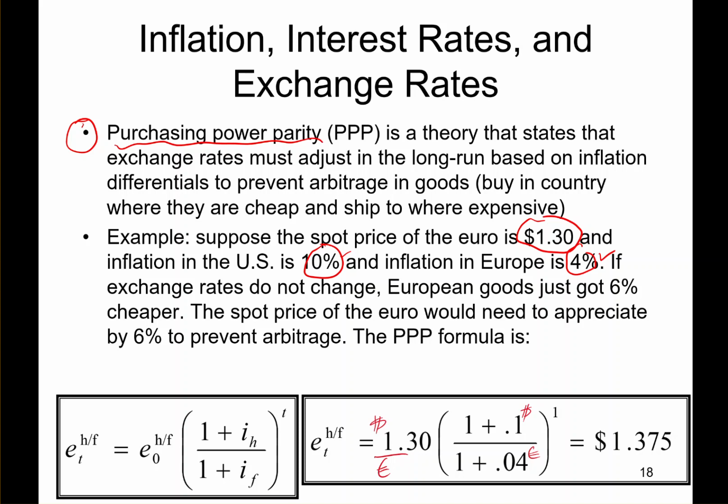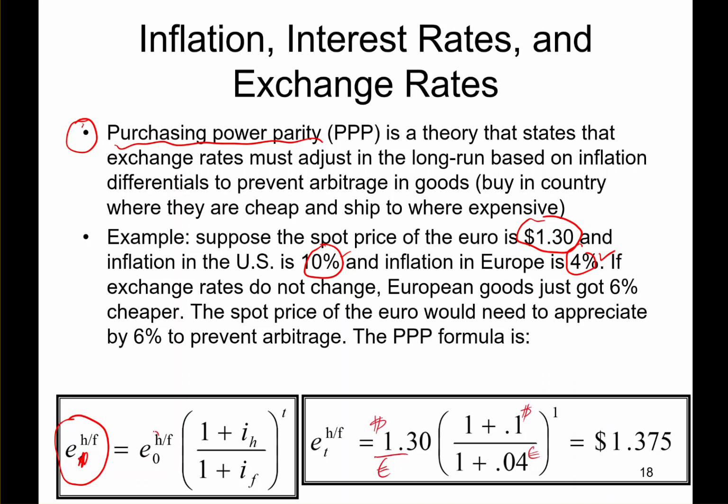The formula for this is the new exchange rate, we'll say E1 for a 1-year forecast, where it's currency H over currency F, just any currency H or any currency F. In this case, the dollar is H and the F is euro.